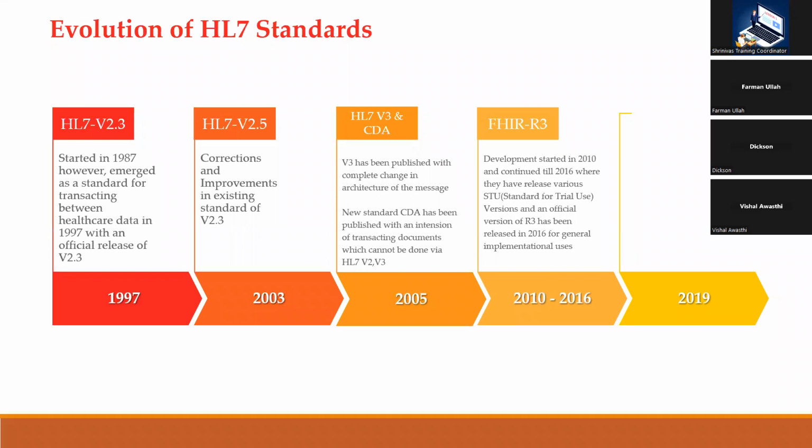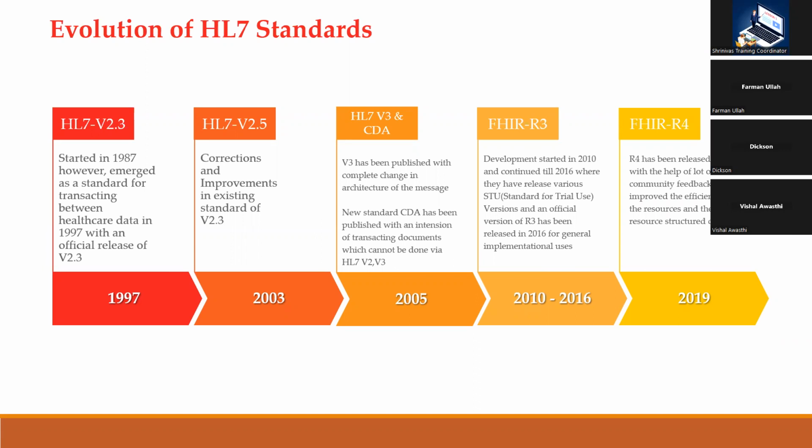FHIR started in 2010. It was slowly improving. A lot of people were involved in improving FHIR as a standard, and it was an STU, which is Standard for Trial Use, till 2016. After that we had the FHIR R3 release, and in 2019 FHIR R4 was released.